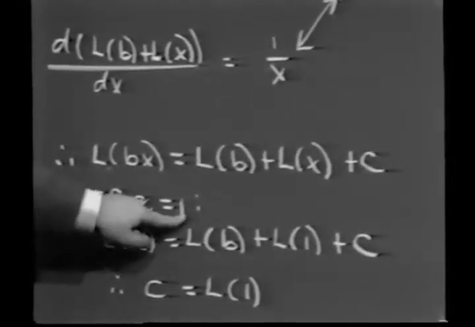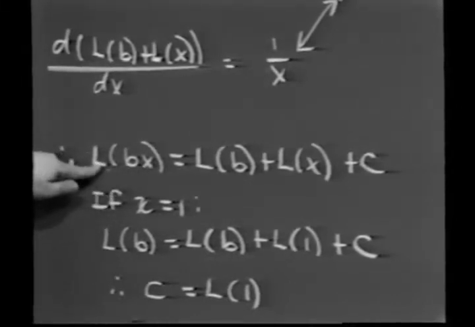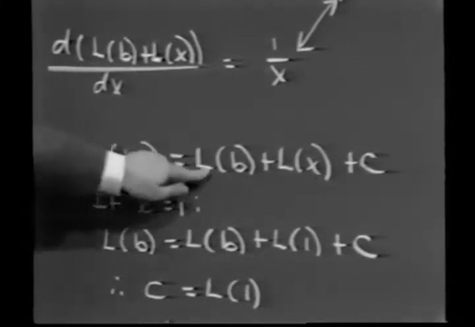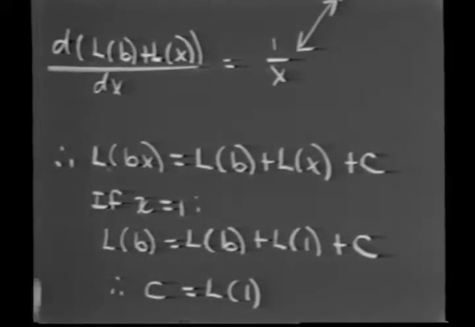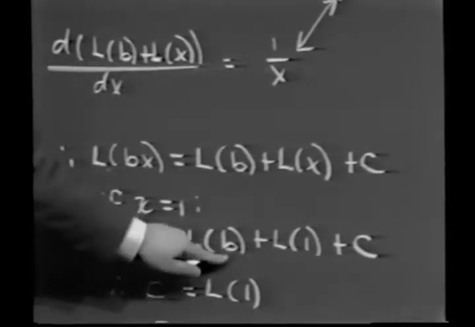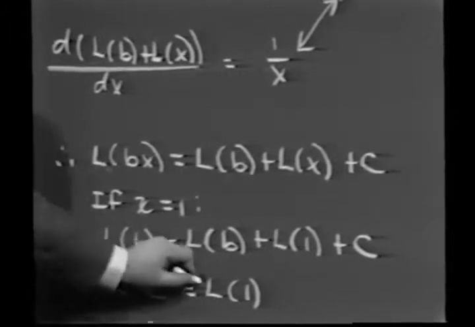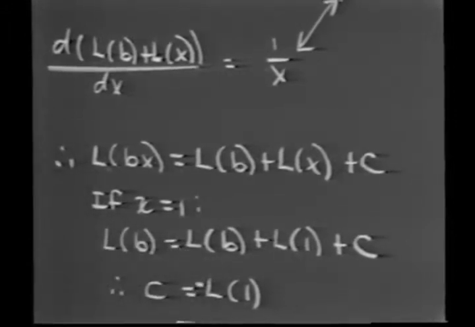To evaluate the constant, we only have to evaluate it at one element in the domain. Let's pick x equal to 1. The motif being that if x is 1, on the left-hand side you have an L of b term, on the right-hand side you have an L of b term, and they will cancel. In other words, if x is 1, this equation becomes L of b equals L of b plus L of 1 plus c, from which it follows that c is minus L of 1.